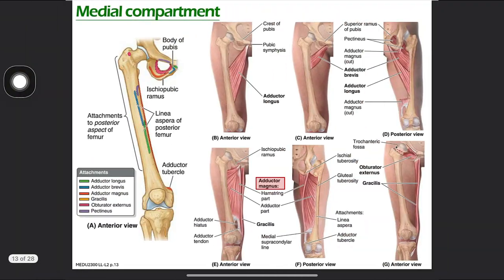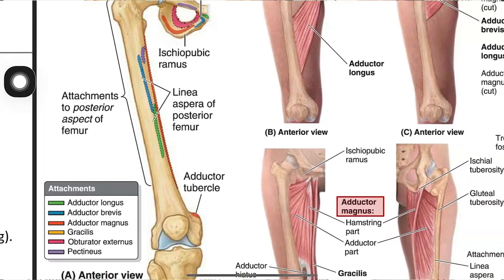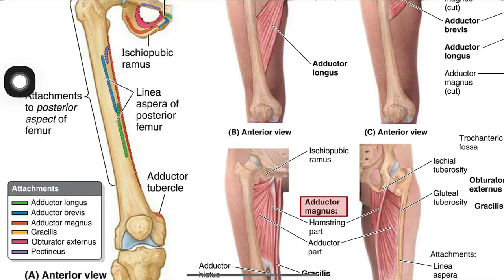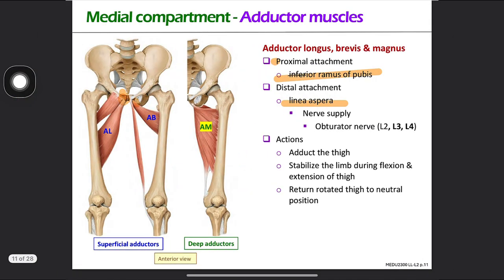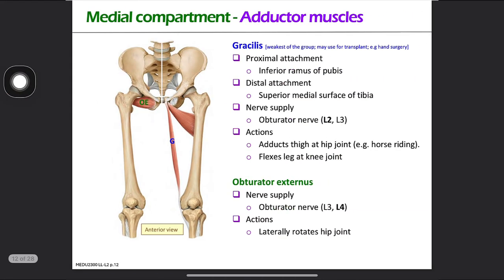If you're really down to detail, these are the linea aspera with different color codes so that you can see the attachment sites. Okay. Then they receive nerve supply from the obturator nerve. So the action is to adduct the thigh, and stabilize the limbs during flexion and extension. They also rotate the hip to the lateral position. So 3 of them. And then we go down to the gracilis.